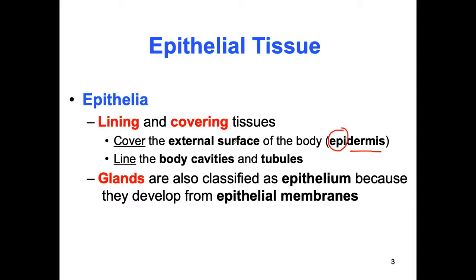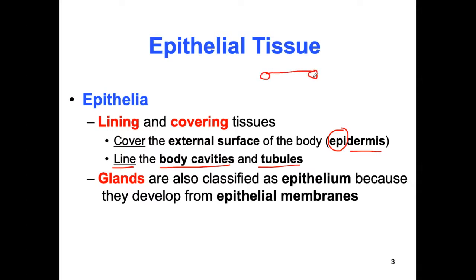So the epidermis covers the external surface of the body, but epithelium is also very important because it lines the body cavities and tubules. So what are tubules? In the word tubules, we see tube. So a tube could be like this, right?